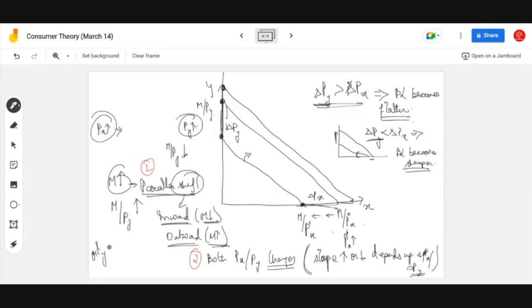If only Px or Py is changing, in this case there is no shift, only the slope changes. Clear?